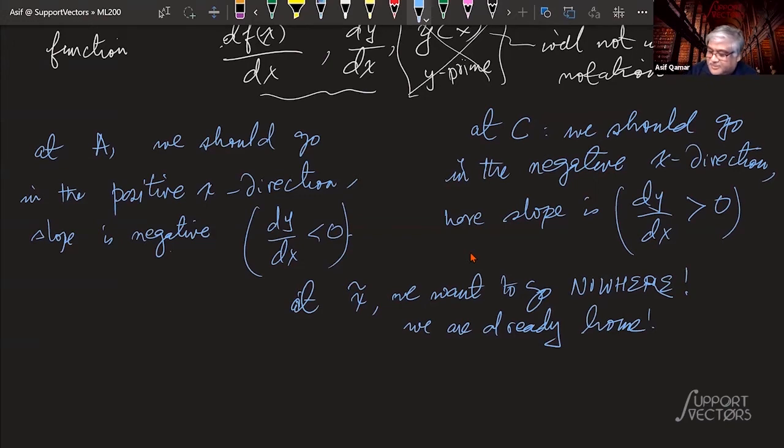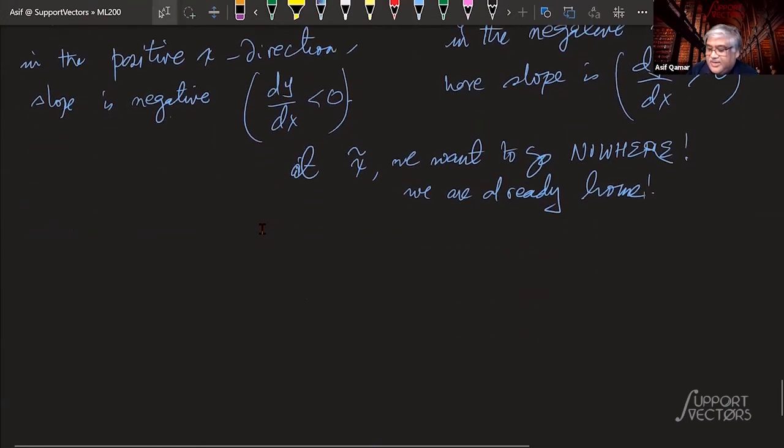So observe, one of the things you can do is, at any given point, to minimize a function, the next value of x should be the previous value of x. In this case, you want to move in the positive direction, right?